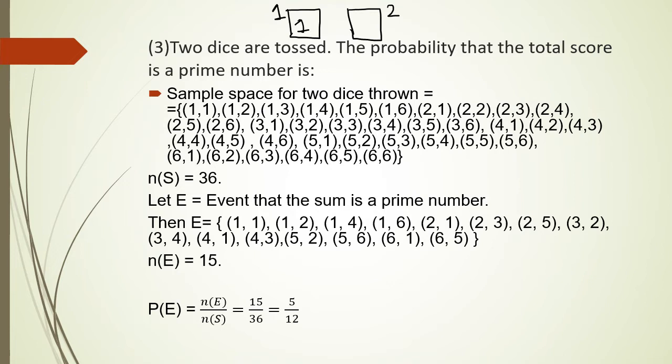Yes, so this 1 will pair up with 1, 2, 3, 4, 5 and 6. So we have 1,1; 1,2; 1,3; 1,4; 1,5 and 1,6.